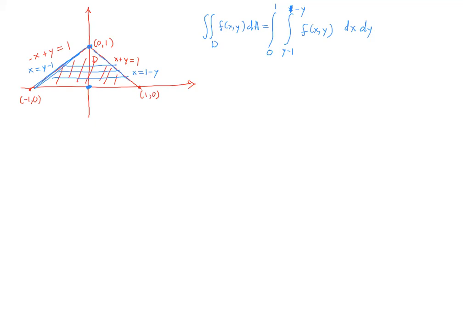And now the question is, what would happen if we wanted to go the other way? Meaning, let's say that I wanted to go first with respect to y, and then with respect to x.